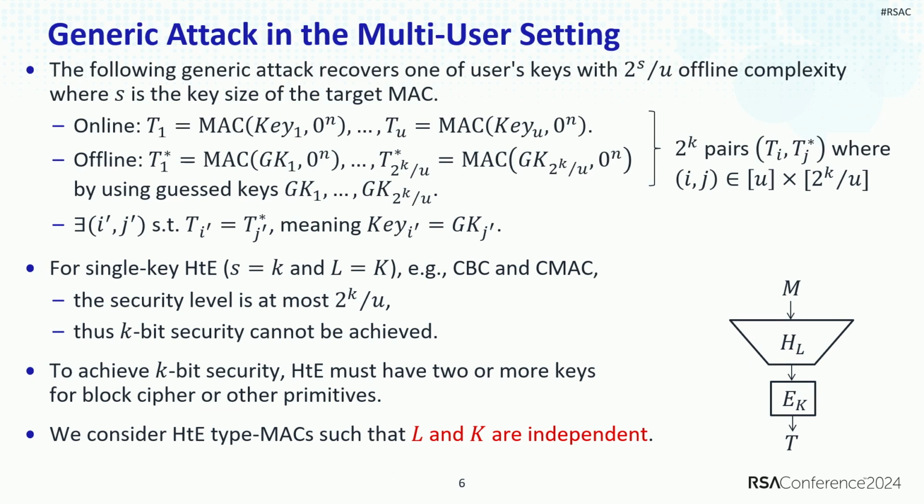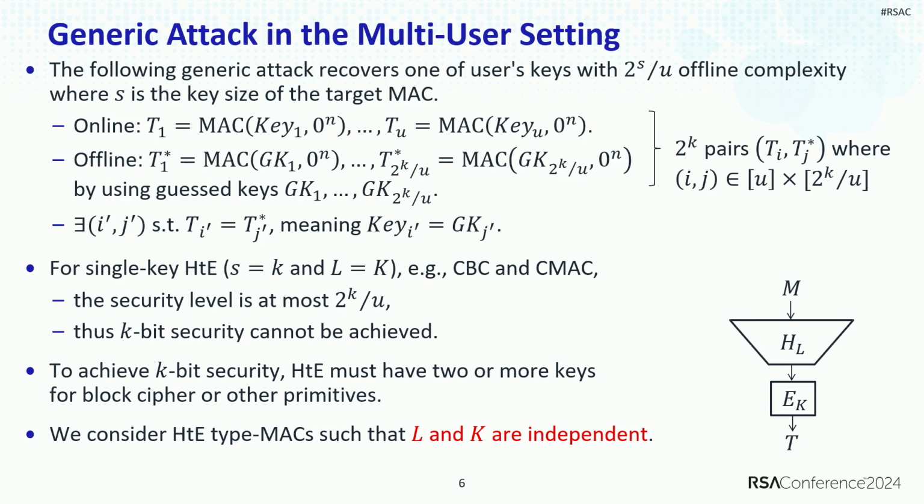Then the adversary guesses 2 to the S over U keys, and for each guessed key, the adversary calculates the tag of the zero message. So in the offline phase, 2 to the S over U guessed tags are defined.